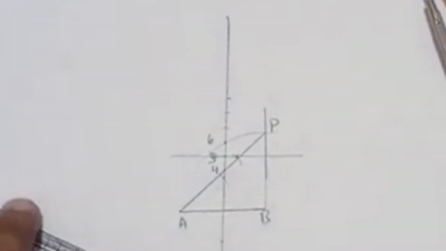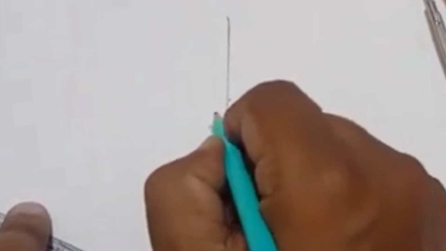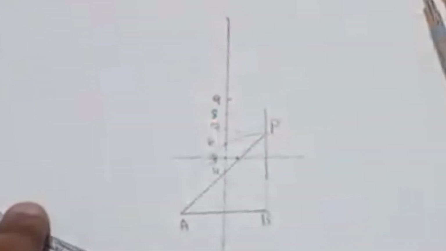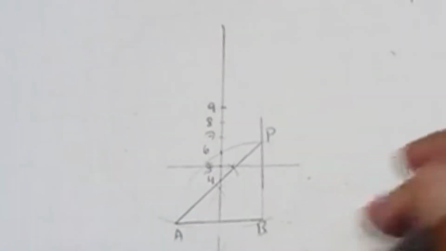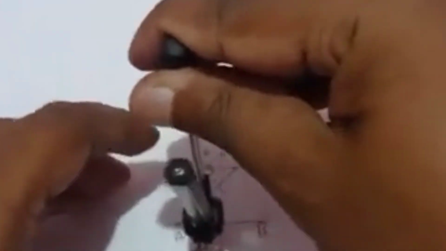So you can give the naming here. By measuring the length from 9 to A, you can draw a circle now.